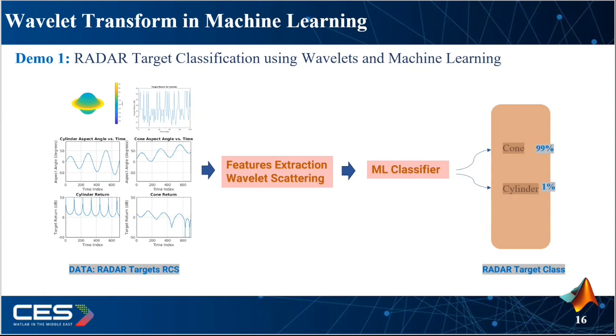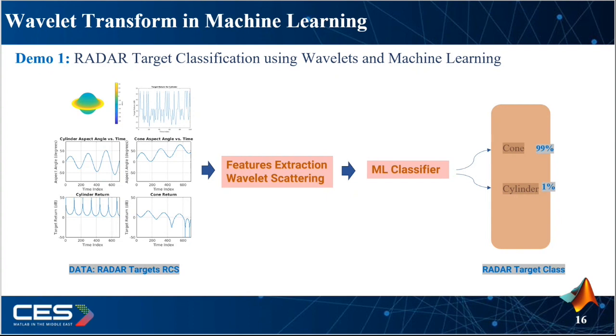It's like a volume, shown here for a cylinder. So this is what RCS, radar cross section, means, and it's a feature, or let's say data, that we can use to classify radar targets.